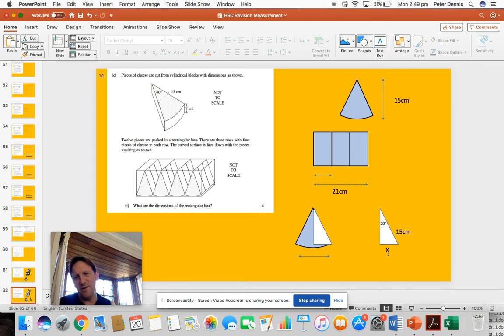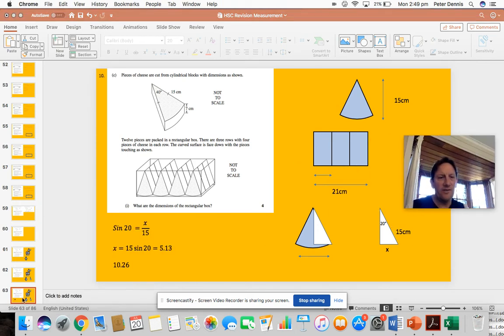So it's going to be the sine of 20 equals x over 15. So x equals, when you take the 15 up, you get 5.13. This is only half. This is 5.13. The other side's 5.13. So it is 10.26.